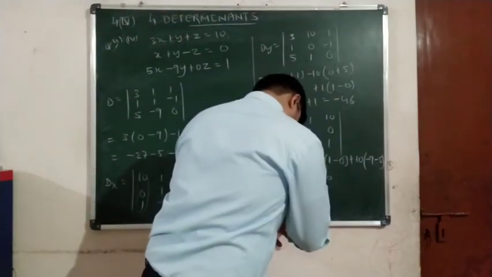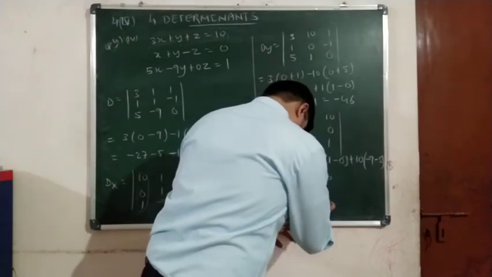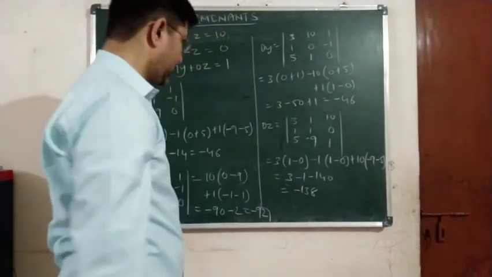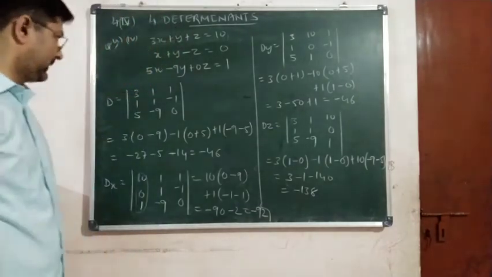Yes, minus 138. So we got the value of dz to be minus 138.